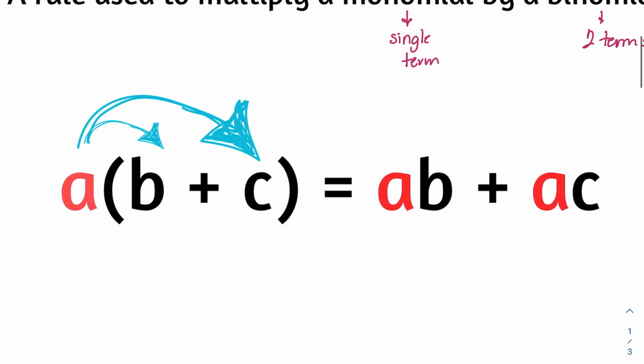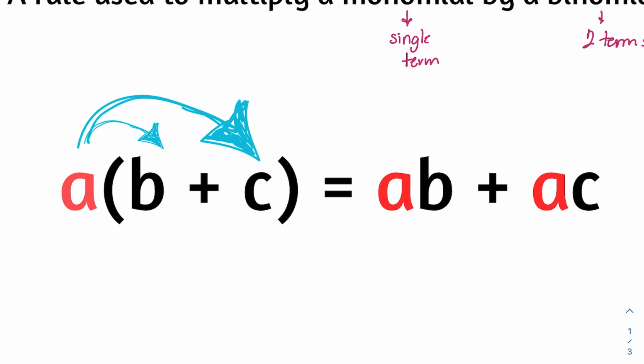So we typically have A, in this case, as our monomial, and then we have our binomial here that is B plus C. With the distributive property, think about it just like if someone were to distribute papers to you. Every person would get one of those papers. So in this case, we have our little arrows here to mean that I am going to multiply, because remember, the set of parentheses here means multiply.